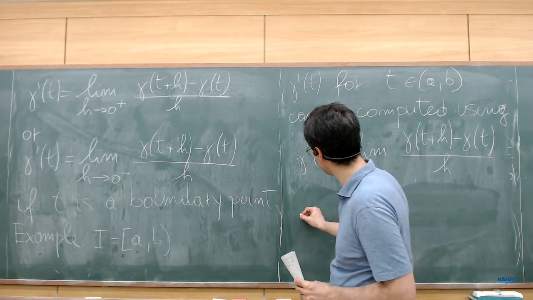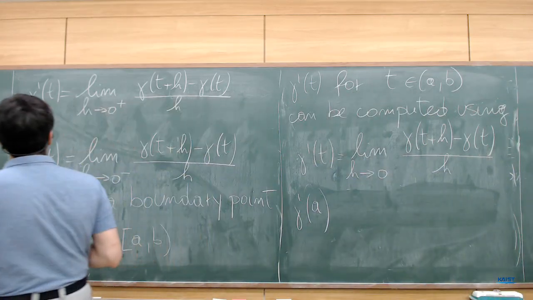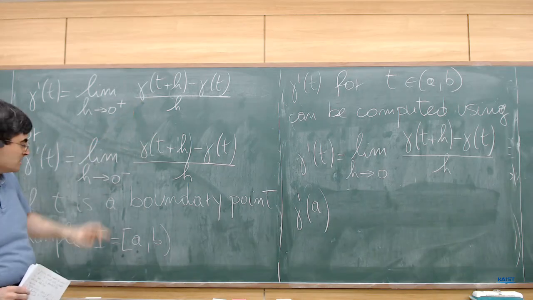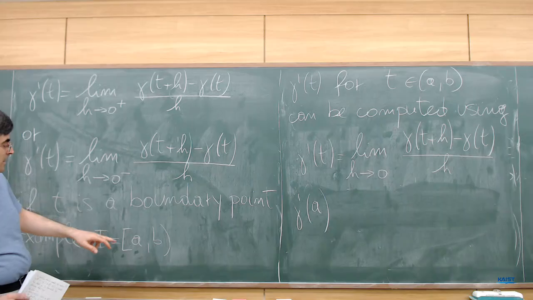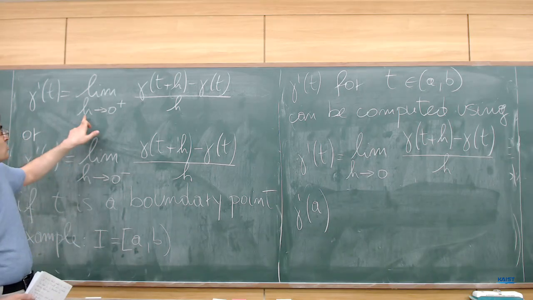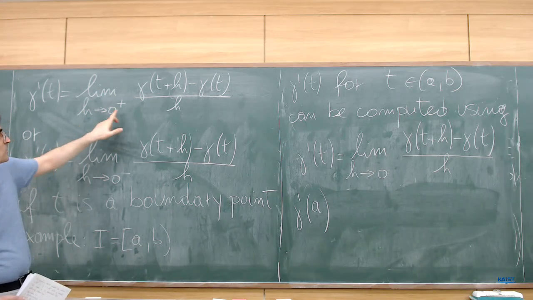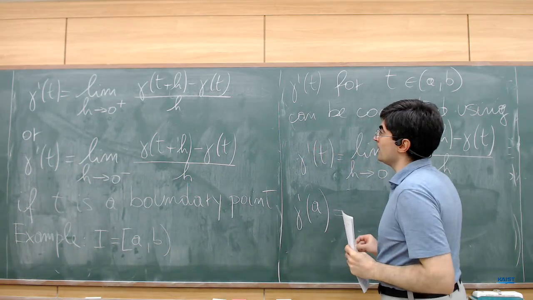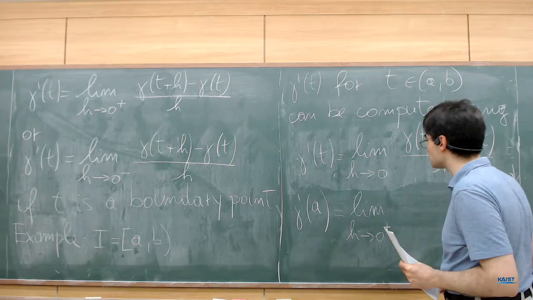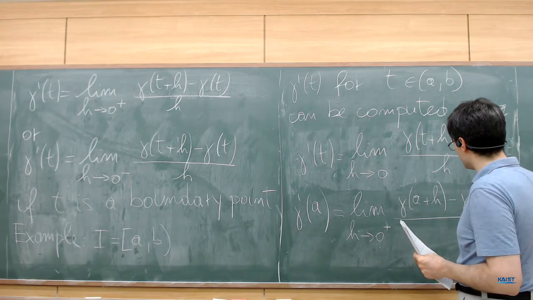Instead, if you want to compute gamma prime at a, which is a boundary point, you have to use one of these two formulas. Which one? The first one, because the function gamma is defined on this set here, and t can take values larger or equal to a, so you have to choose h to be positive, and while considering this limit, h must tend to 0 from the right side. So gamma prime of a is the limit as h tends to 0 plus of gamma of a plus h minus gamma of a divided by h.